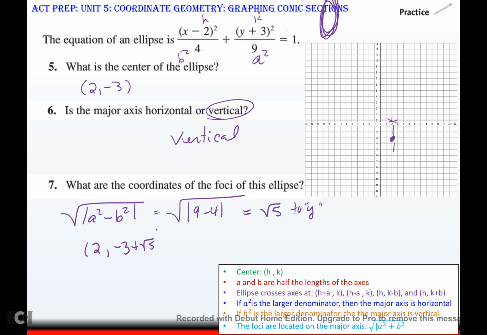Once by adding it, and once by subtracting it. Whatever that negative 3 plus the square root of 5 is, square root of 5 is, I don't know, 2 something. So around negative 1 something. And around negative 5 something or other, close to that. Those would be my foci. So my vertices would be farther out, and it would be something like that. Okay?